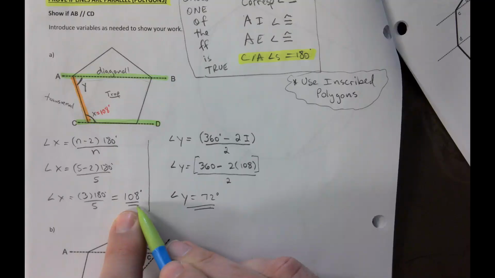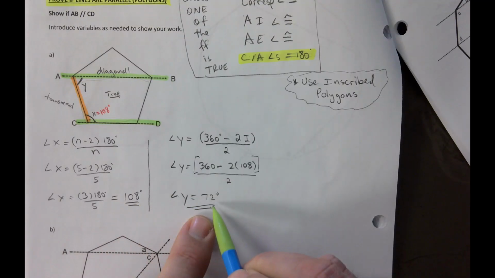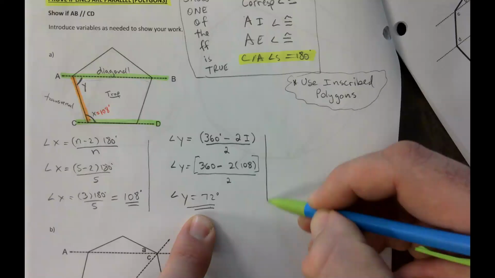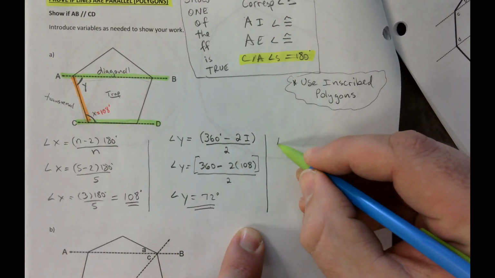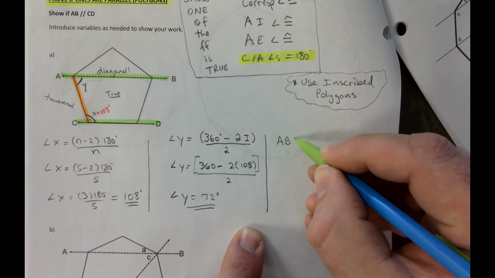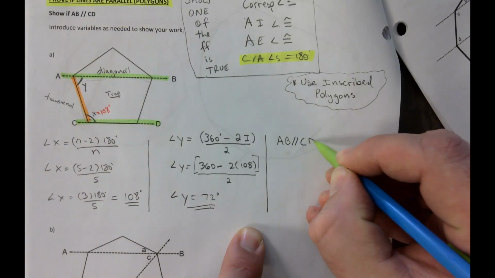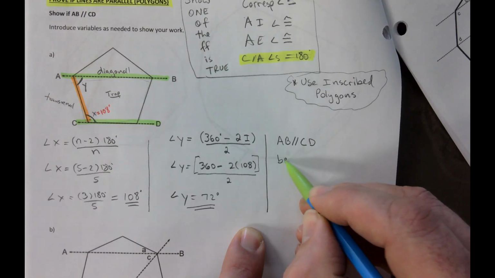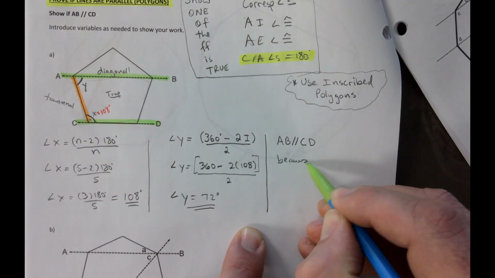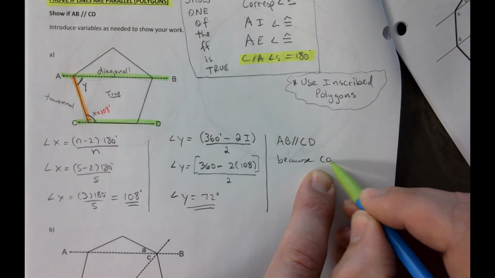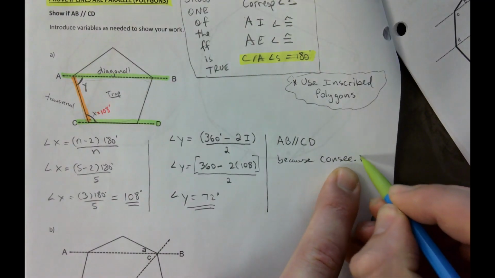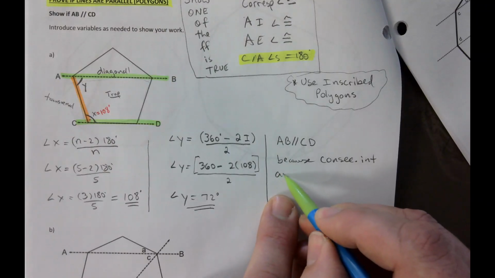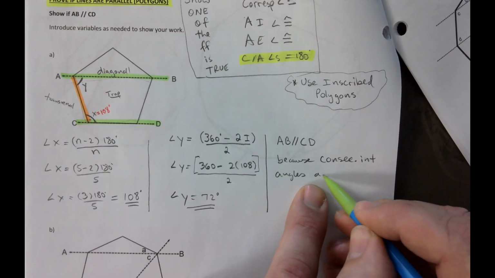What do we know? This definitely adds up to 180, right? I'll make my final statement here. I know that AB is parallel to CD because consecutive interior angles are supplementary.